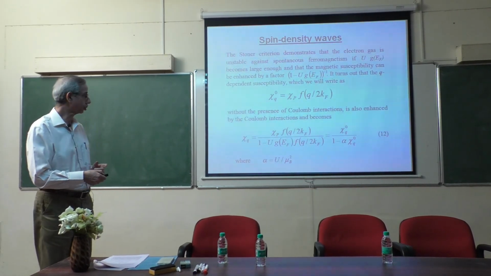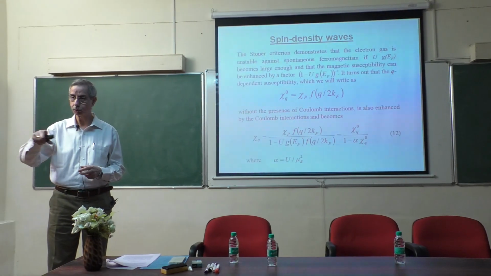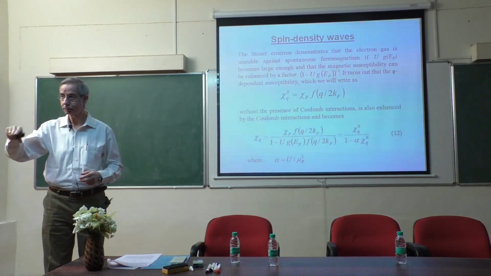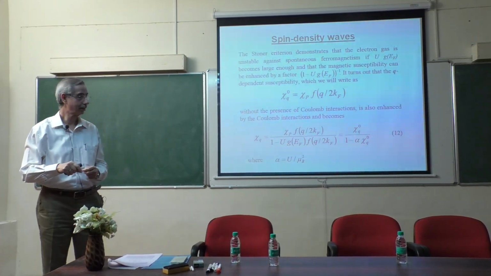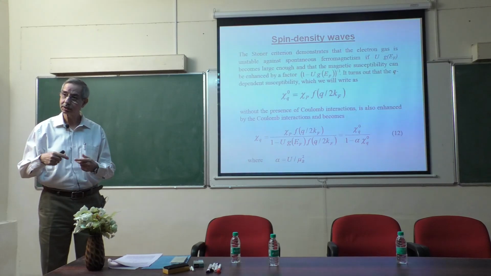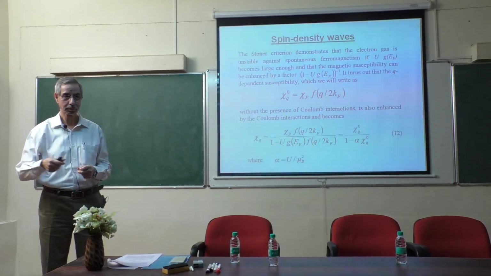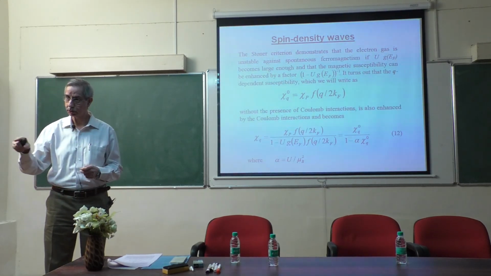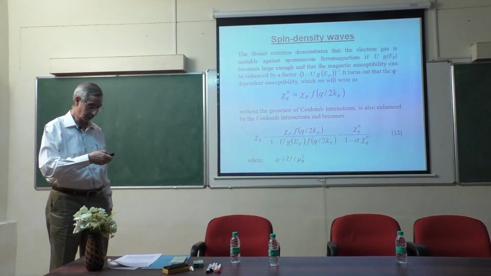So what can happen is that if, as a function of q, I have this thing going through a peak, the crests and troughs type of thing, then the magnetization will also spontaneously go through that same modulation as a function of q. If I plot magnetization as a function of q, it will go through all this because of this factor in the denominator.